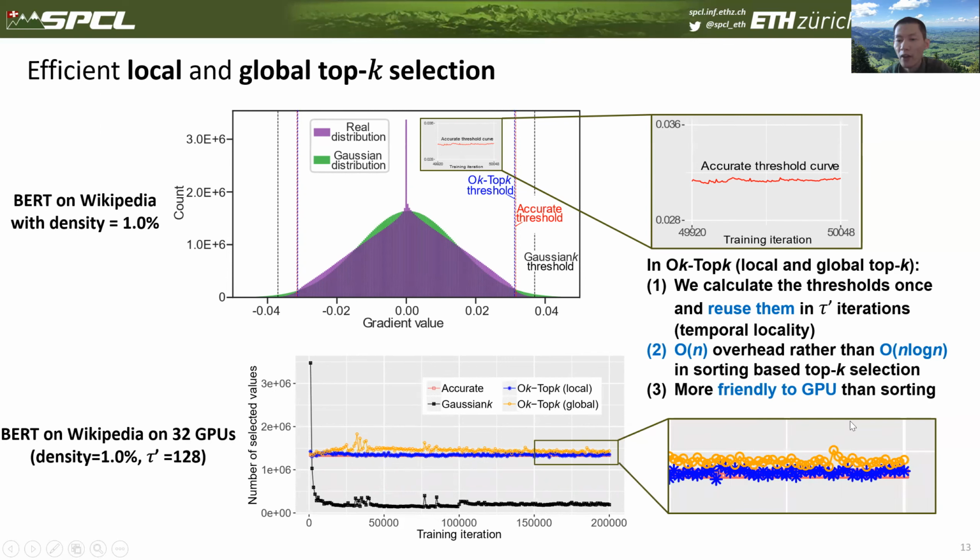In the zoomed subfigure, the yellow point represents the number of global top-k values, the blue point represents the number of local top-k values, and the overlapped red point represents the number of accurate top-k values. You can see they are very close. So this shows that the threshold reusing strategy is very effective.